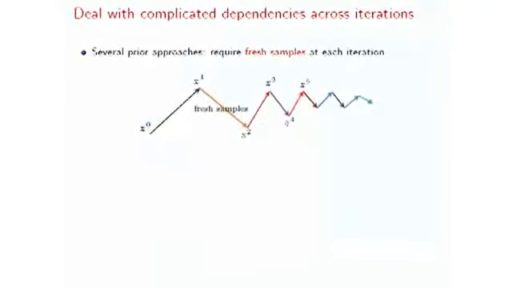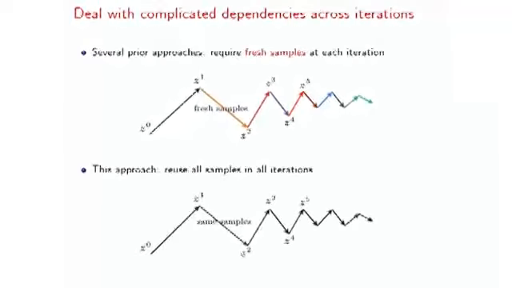And finally, just a quick comment about some technical difficulties. Note that we are doing iterative procedures, so all of the iterates are highly correlated with each other. This results in some technical difficulty. And in order to address that, many of the prior approaches require that we employ fresh samples, new samples at each iteration in order to decouple the dependency.